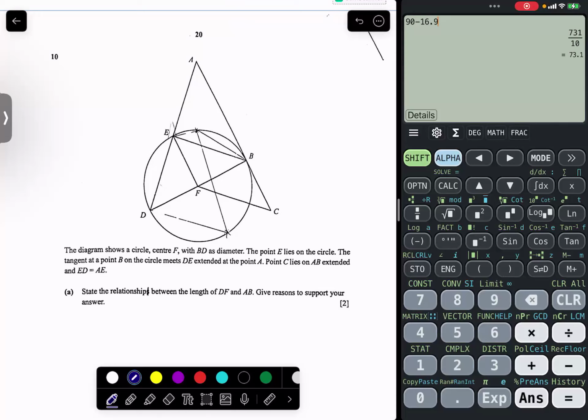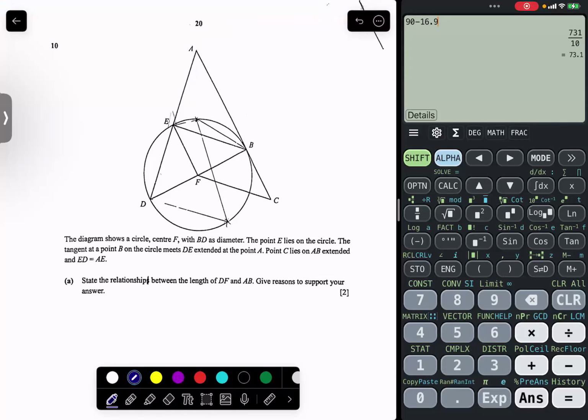Okay, it's 1:2, right? Now, how do I get 1:2?